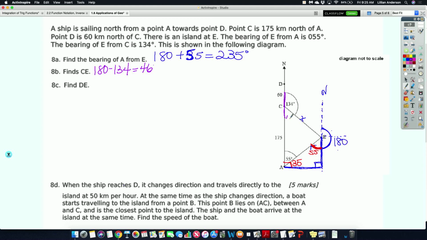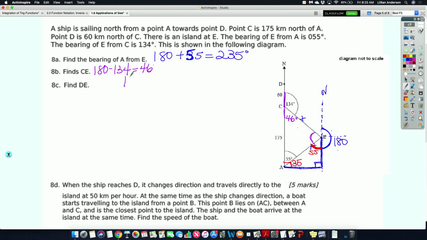This angle is 46 degrees. Now that 46 isn't going to help me because I'm looking for CE, which means I'm going to actually need the angle CEA. I need this angle right here. But now that I know two angles out of the three in my triangle, I can add those and subtract them from 180 as well.